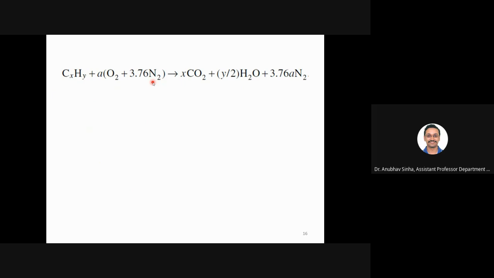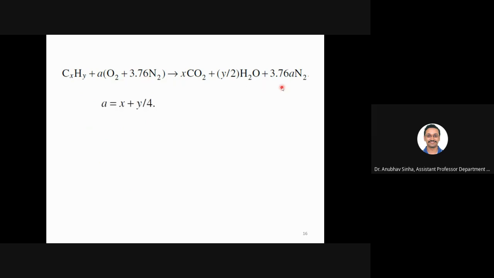Generally, we assume nitrogen does not react, but as we move along, we see that in extreme situations in a gas turbine, nitrogen also dissociates to form nitrogen oxides. But for our discussion, unless mentioned otherwise, we will assume that nitrogen is not reacting. So we write the balanced equation: CxHy will give you x moles of CO2 plus y by 2 moles of H2O, plus 3.76a N2 remains unreacted.